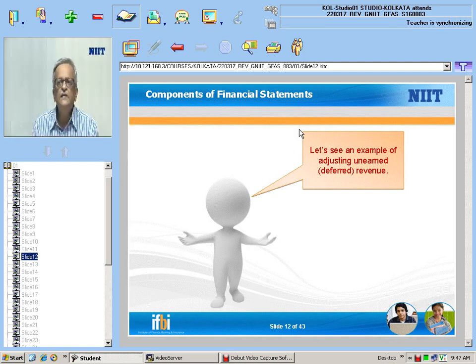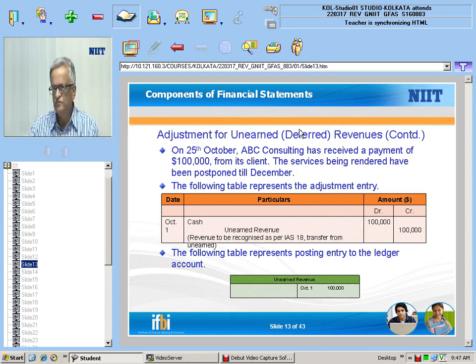Let us see an example of adjusting unearned revenue. See the example, you will understand. On 25th of October, ABC Consulting has received a payment of 1 lakh from its client. How much money has been received? 1 lakh.